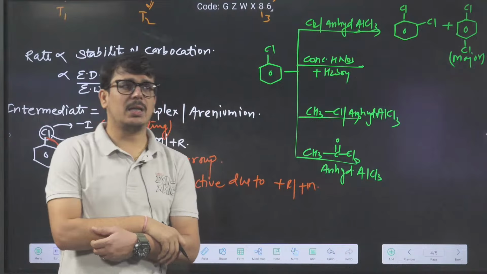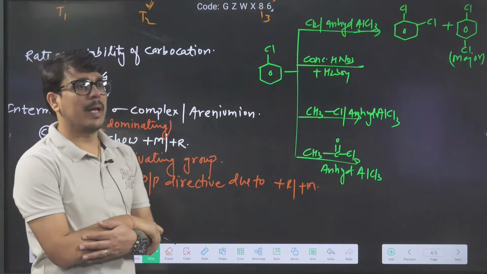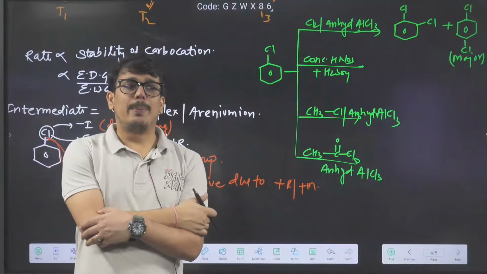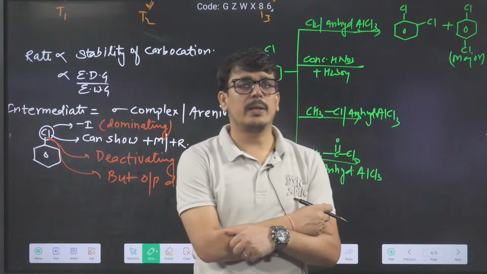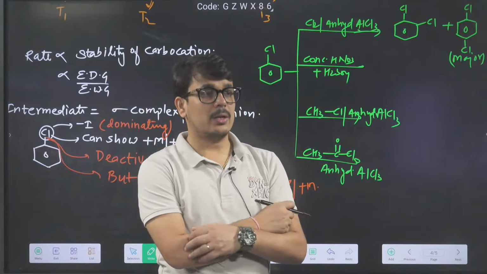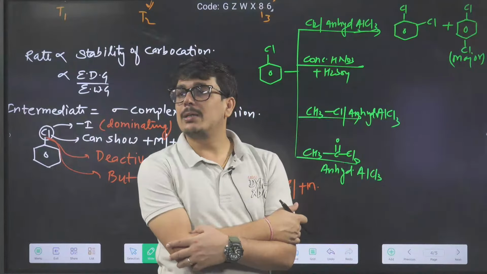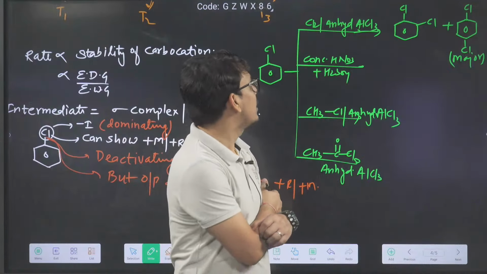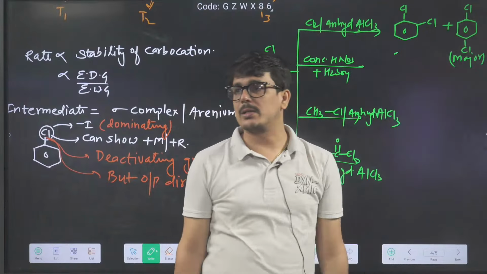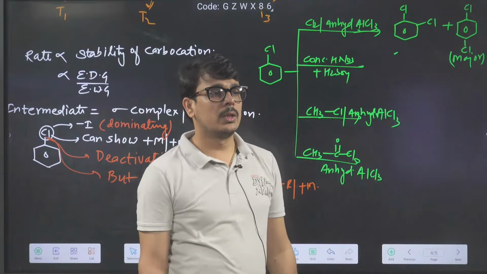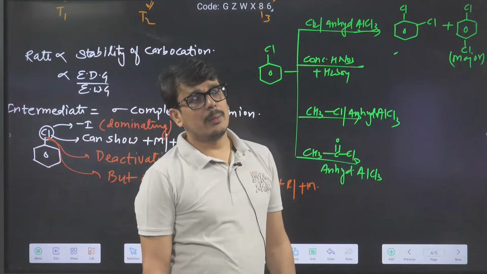And in NCERT you find one line that para-dichlorobenzene is symmetrical in nature, which can be easily distinguished from ortho-dichlorobenzene because of its melting point difference. Melting point difference means having a large difference in their melting points.